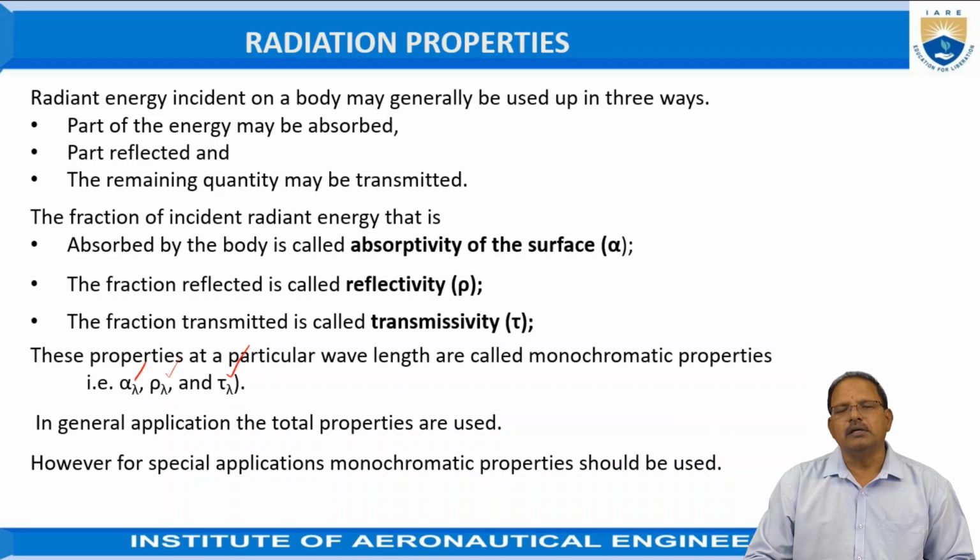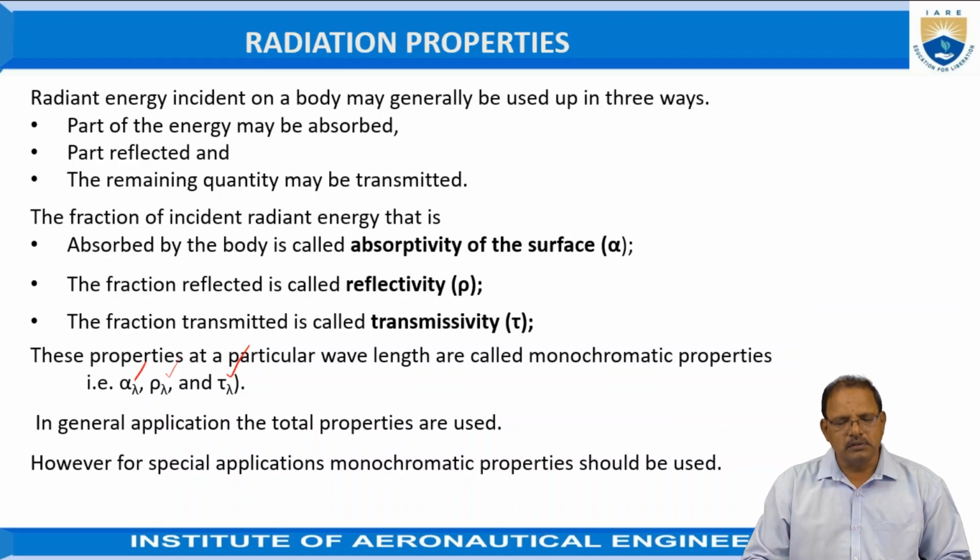In general application, the total properties are considered. Here we are taking monochromatic properties, that is, they are particular to a particular wavelength. But generally, while doing the calculation, the total properties are considered. However, some special applications of monochromatic properties are used.